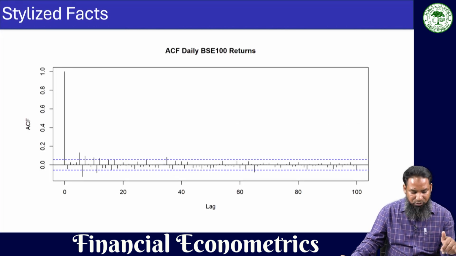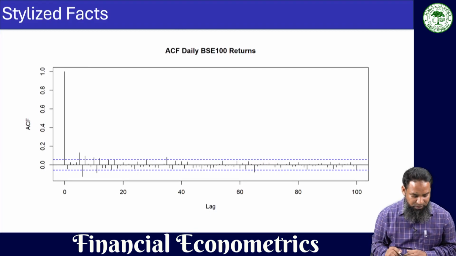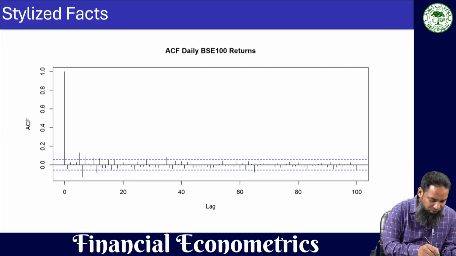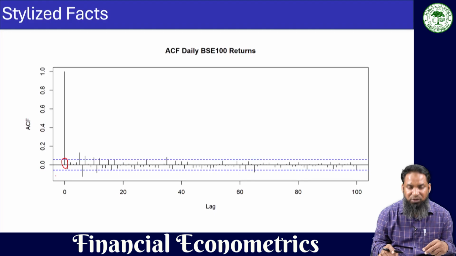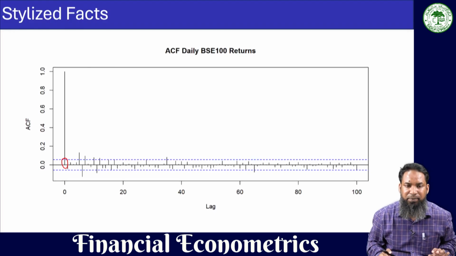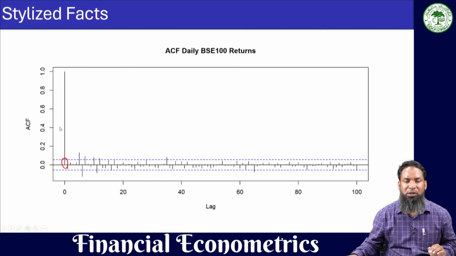So let us see here. This is the autocorrelation structure of the BSE 100 return. Here we can observe that only at lag 0 it is 1. Apart from that, we have very minor autocorrelation functions. So it reflects that, yes, mostly there will be absence of autocorrelation in the stock returns.